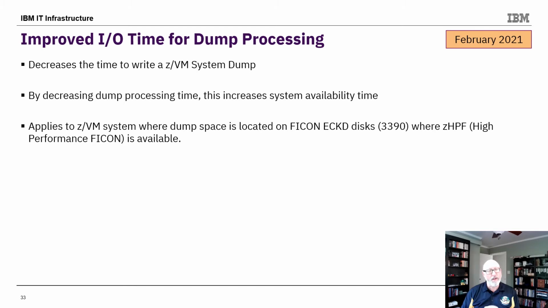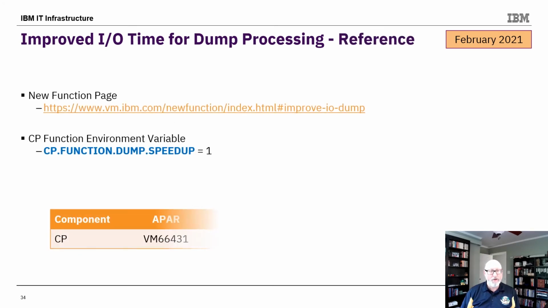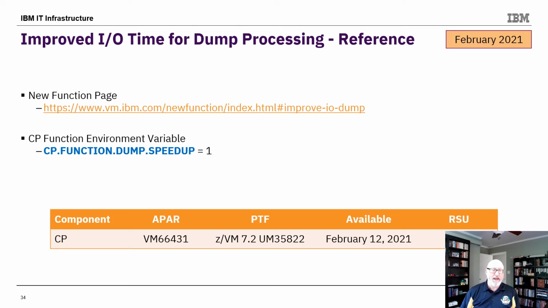And so if you're configured to where you're dumping to ECKD devices, so 3390 as opposed to FCP SCSI, in the ECKD cases, we'll take advantage of a high performance FICON if it's available there, right? And speeds up I/O performance from that perspective, gives you a little bit of benefit, right? That also has an environment variable. You can see it there, as well as the support. And again, that went out in February of this year.